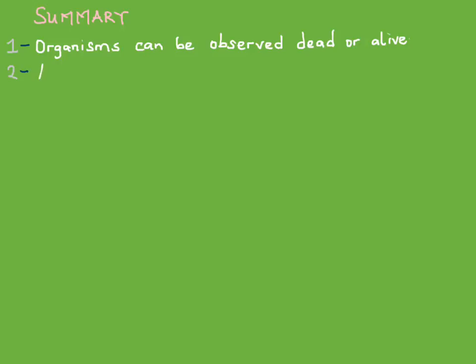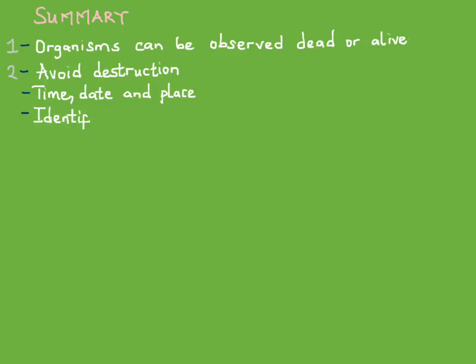It is important to avoid destruction when observing an organism. The time, date, and place of observation should be noted and the organism identified and named. Samples may be collected and preserved for proper study.